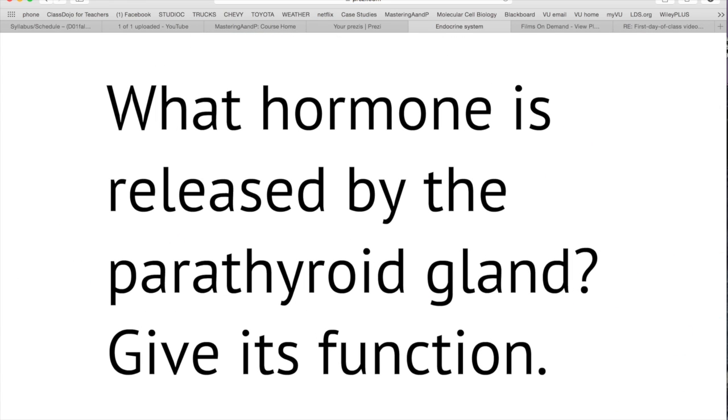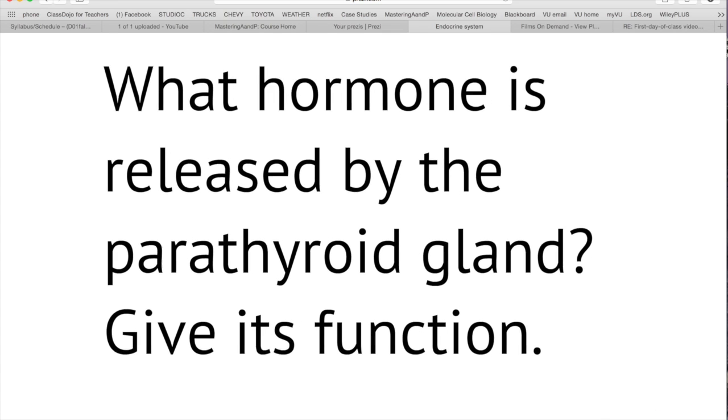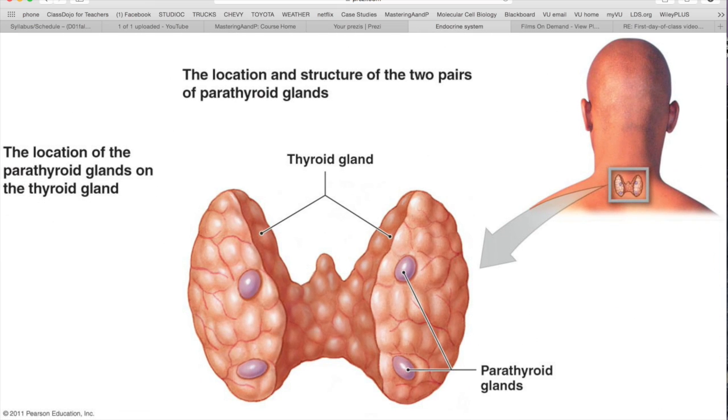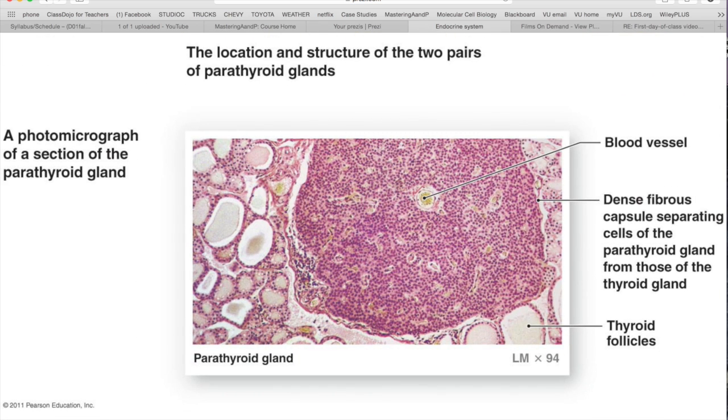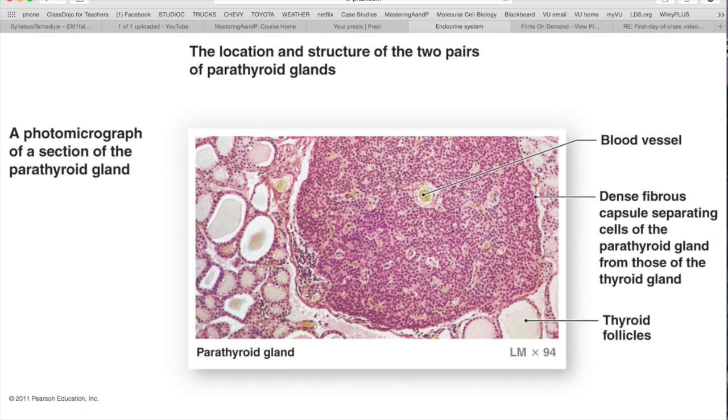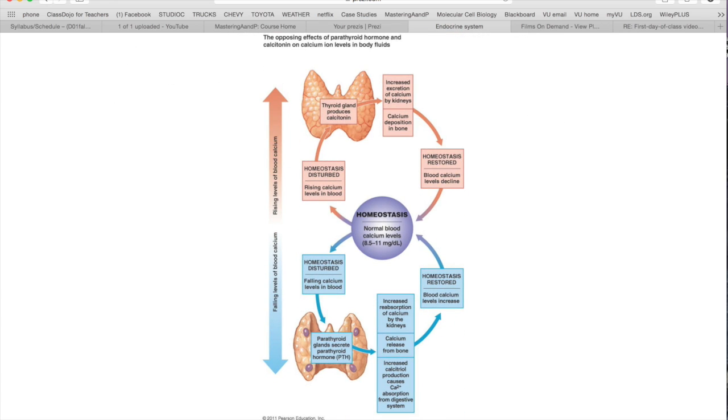Then on the back of the thyroid gland, we have the parathyroid glands. These four little parathyroid glands release parathyroid hormone. And here's a closer look at it. Parathyroid hormone works in opposition to calcitonin.